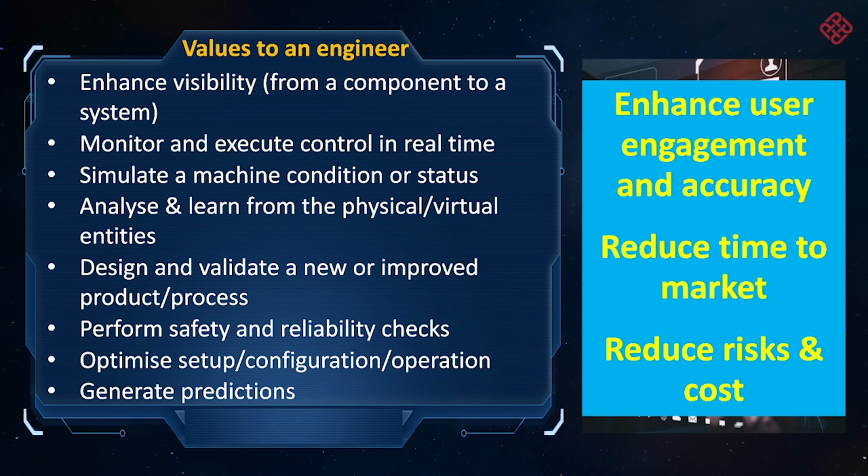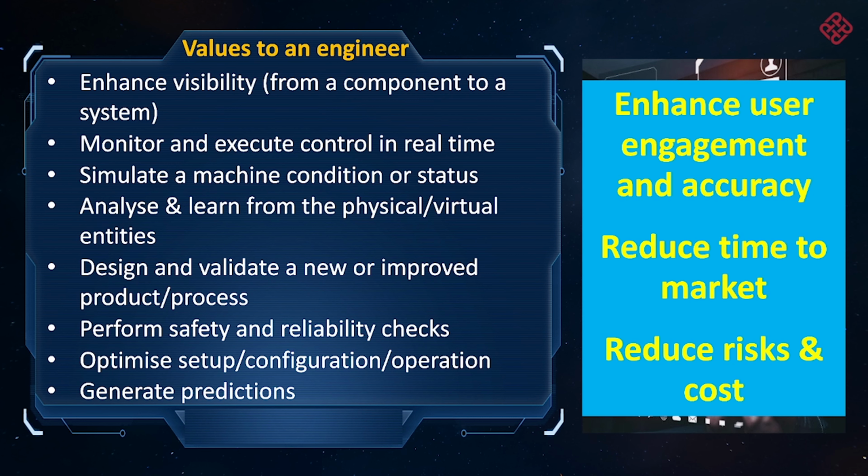So, if I can abstract to the next level, these benefits translate into three main aspects. Firstly is enhanced user engagement and accuracy, helping us to have a more holistic view of the current situation and hopefully making better and sharper decisions.